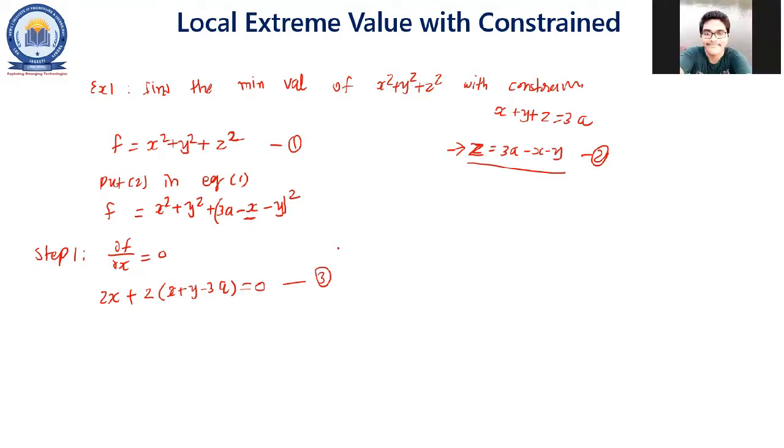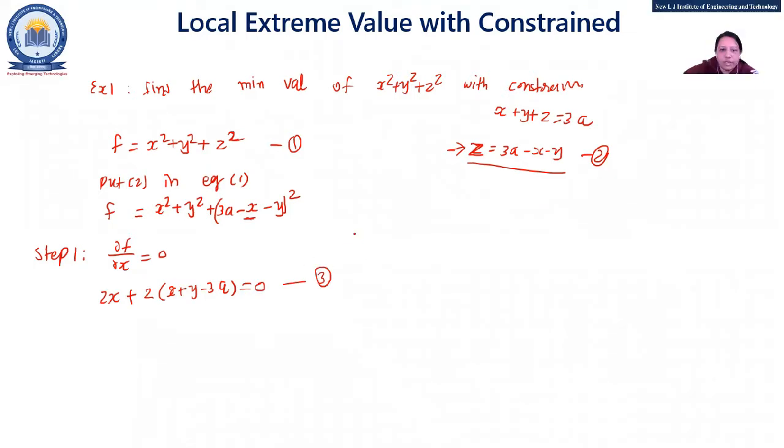Fine. Now the second thing is: I'll write here del f by del y equal to 0. So for that, you will get 2y plus 2x, so it will be 4x plus 2y minus 6a equal to 0.